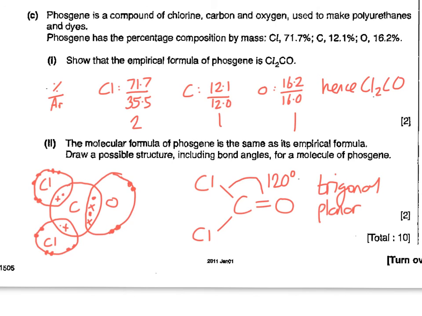So I've drawn my possible structure, and I've included the bond angle. I didn't have to say it was trigonal planar, I just put that down for explanation purposes for this clip. Just like you didn't have to do a dot cross diagram, but I put that down for explanation purposes so you can see where I got my structure from. So let's now have a look at the answers to this one.